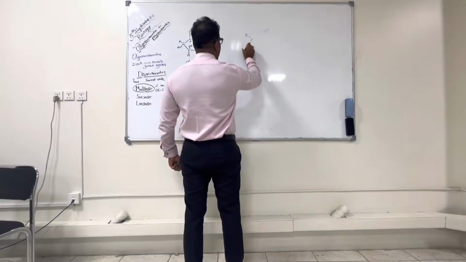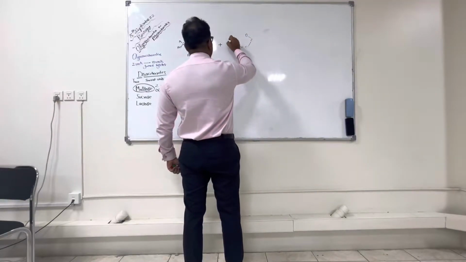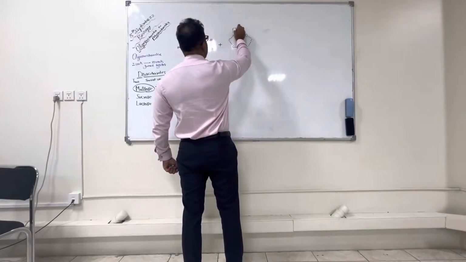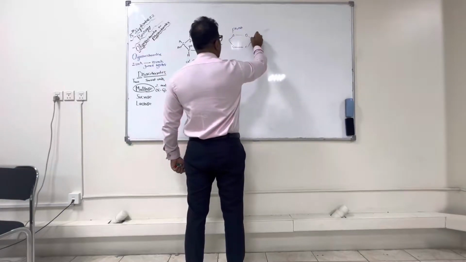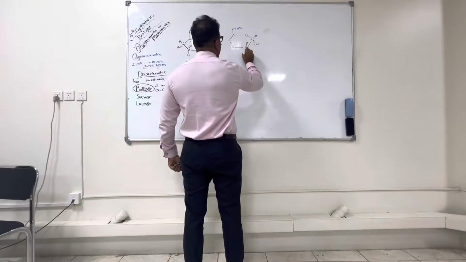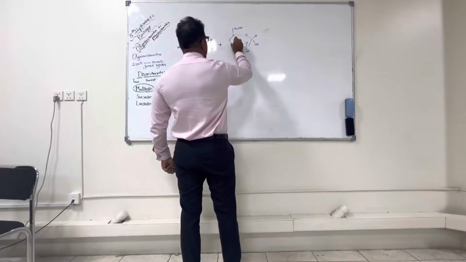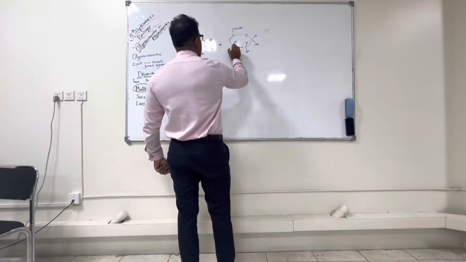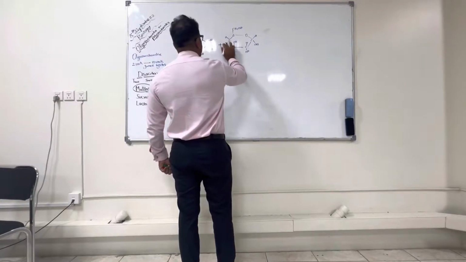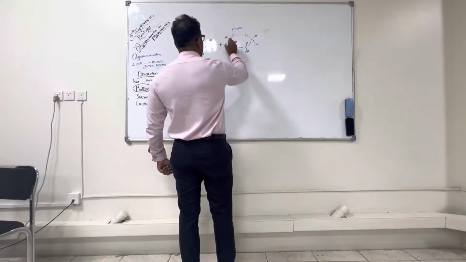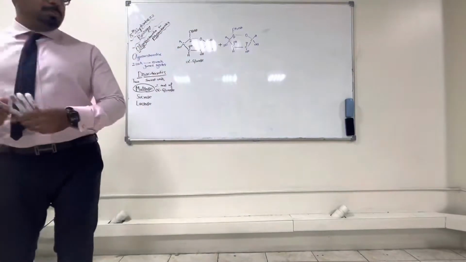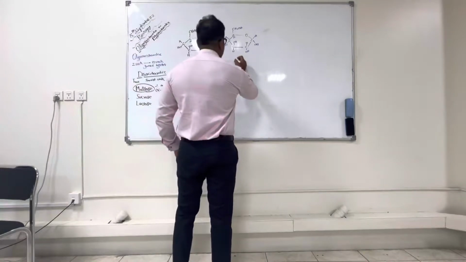Let me draw another one. Remember that on the 3rd carbon, the hydroxyl is on the inner side. Right boys? So these both are alpha glucose molecules.